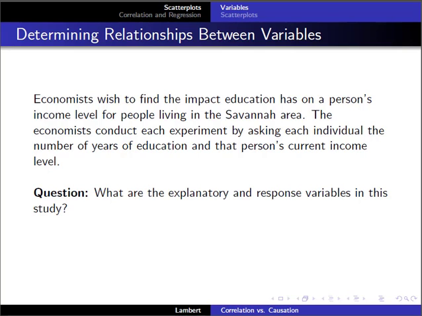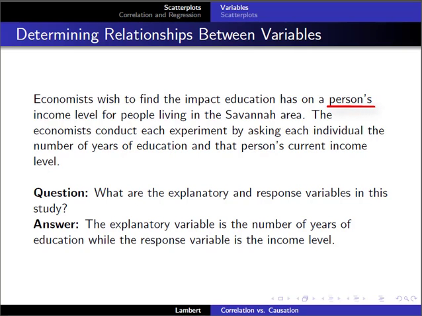If you notice, we're looking for the impact education has on a person's income level. So our explanatory or independent variable is the education, the years of education, that we're looking to cause the influence on the person's income level, and the response variable will be the person's income level.